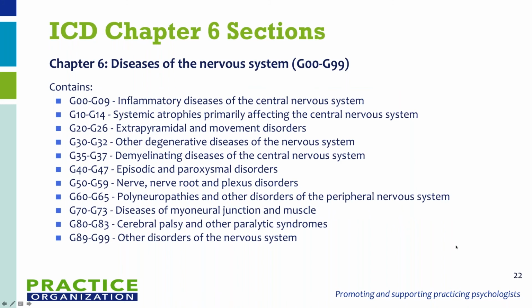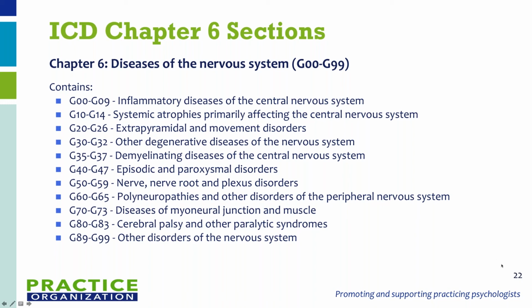Now, for those of us that work in other areas or want to get more into details, here are some examples of the G codes that could be useful. For example, let's take G35 through 37. This may be very applicable to, for example, an individual that has multiple sclerosis. In essence, these are very standard, although I want to emphasize something I said earlier. Try and shy away as much as you can from the unspecified or other disorders sections of most of these activities.